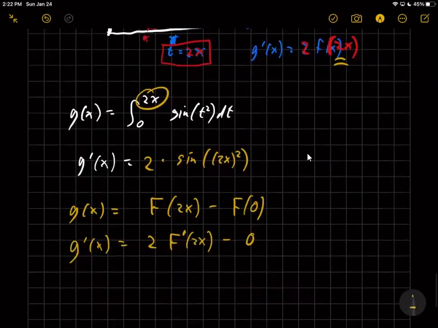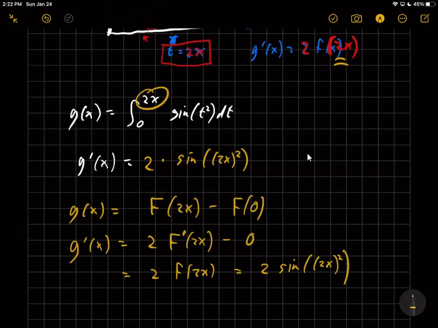And f prime was the original integrand function. So that's 2 times little f, the integrand function, evaluated at 2x, and the integrand function as a function of t was the sine of t squared. So when we substitute in 2x, we get the answer that I already said we would get, the sine of 2x squared.